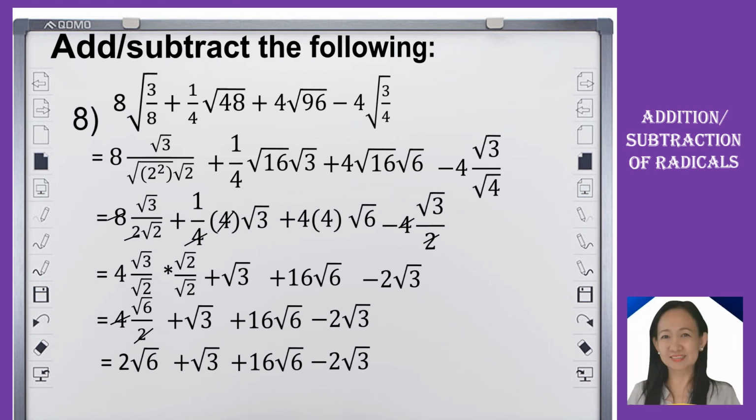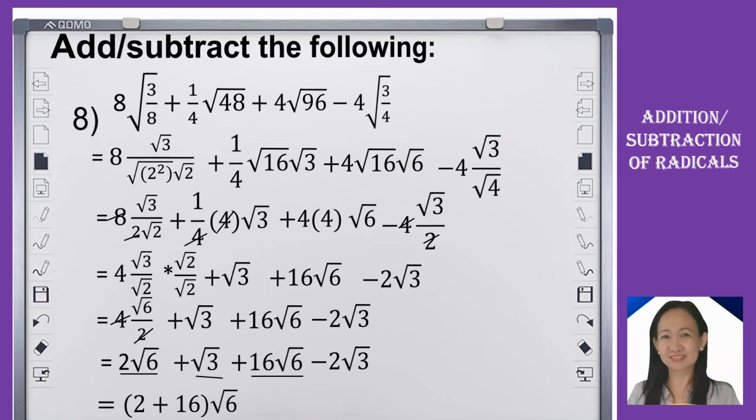Let us combine similar terms. 2 square root of 6 with 16 square root of 6. So combining the coefficients, we have 2 plus 16, which is 18, times the common radical, which is the square root of 6.